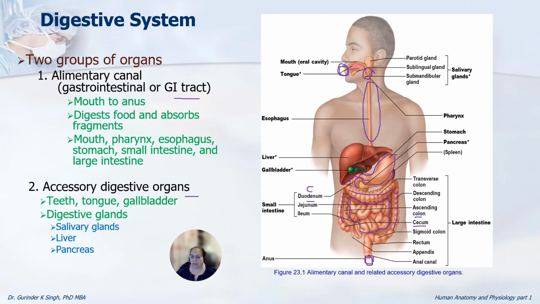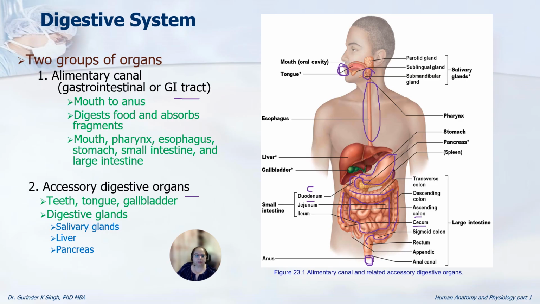From there it goes into an S shape backwards, from the front going towards the back, the posterior side, which we call the sigmoid colon, ending into the rectum and then the anal canal. These are the major organs which belong to the GI tract.